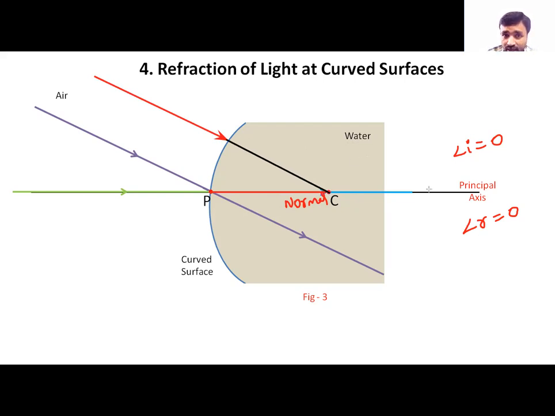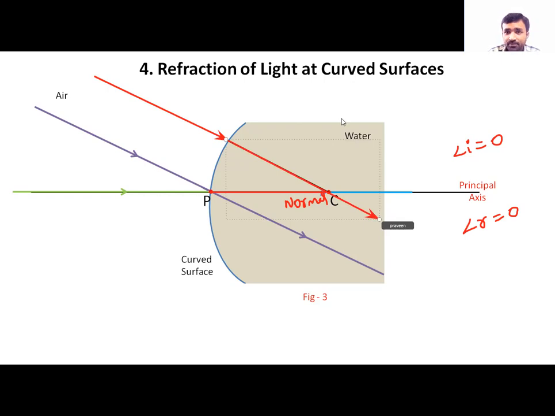So the black line is the normal. So what happens after that light ray enters the denser medium? Will it bend? No. This is also a case of incidence along the normal. So it enters into the denser medium and remains undeviated.